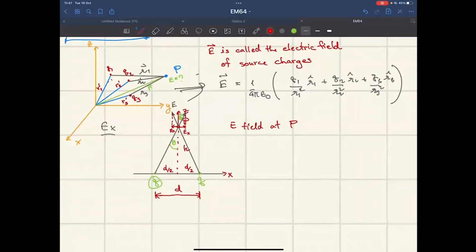It's equal to 1 over 4 pi epsilon naught, right? Q divided by R squared here.